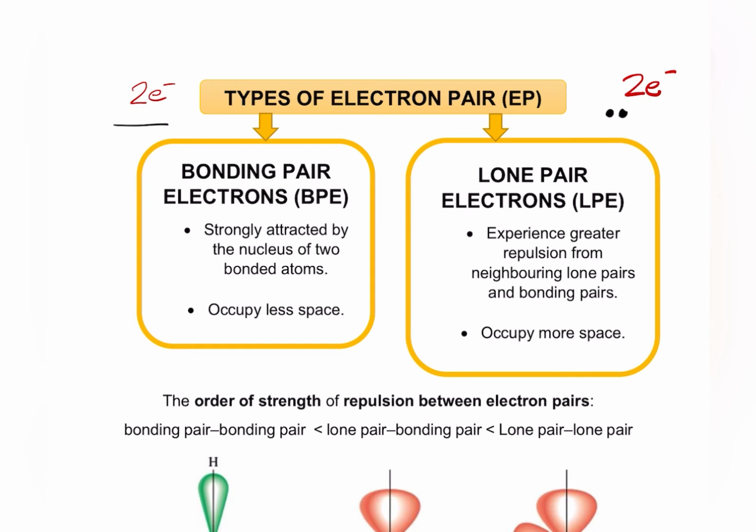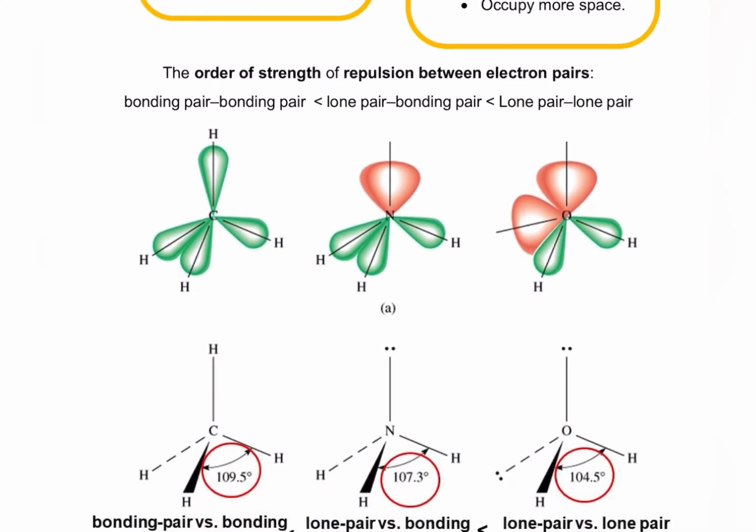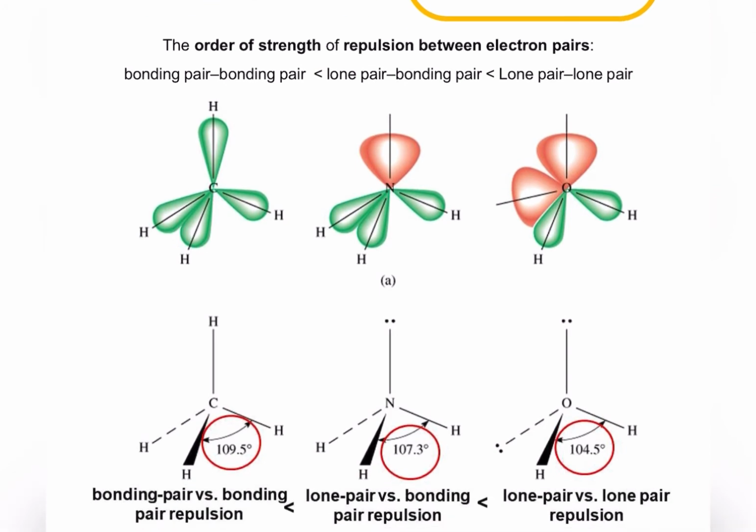And when you want to differentiate the order of the strength of repulsion between electron pairs, awak boleh lihat di sini, bonding pair dengan bonding pair adalah the weakest one dan lone pair with lone pair is the strongest one. So I take 3 examples of molecules. Di sini saya ada CH4, saya ada NH3 dan saya ada H2O.